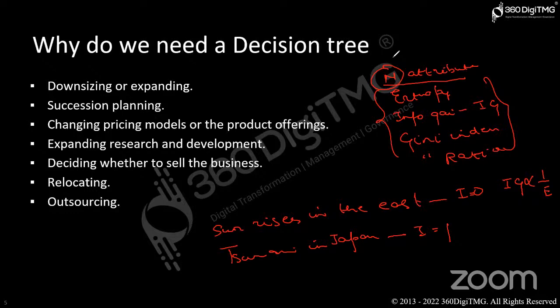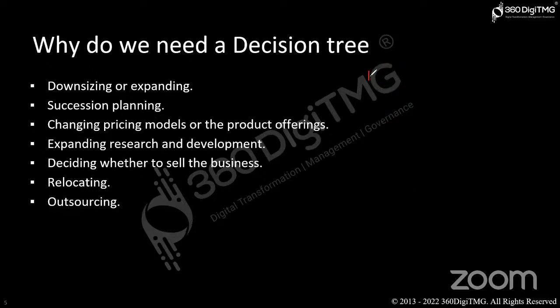Another thing that you should be aware of is reduction in variance. Reduction in variance is an algorithm used for continuous target variables, regression problems, if I were to say.